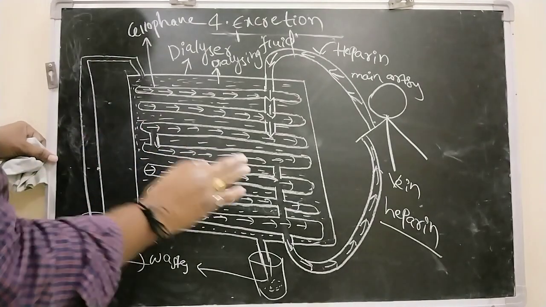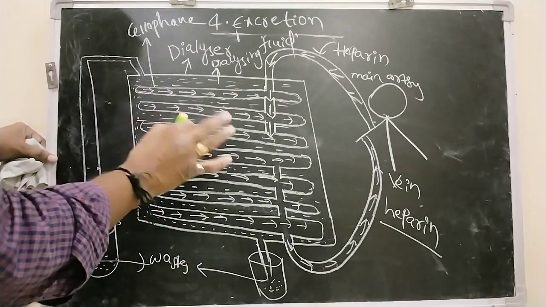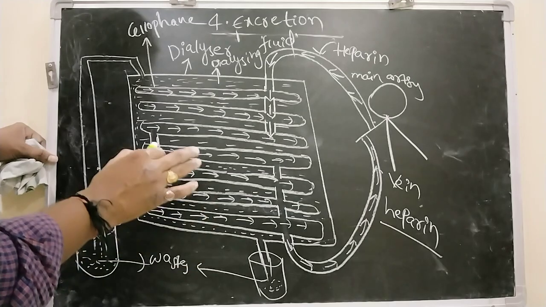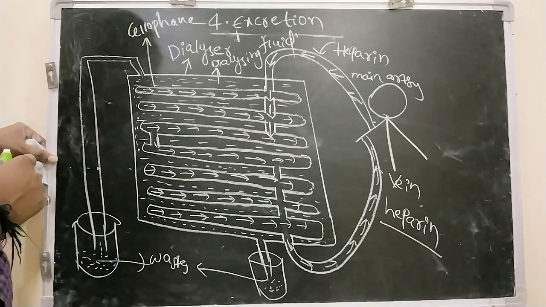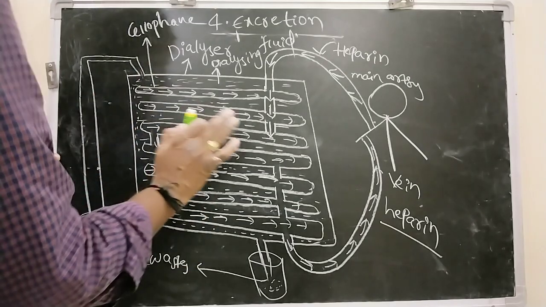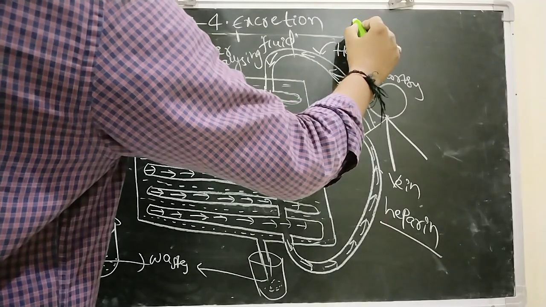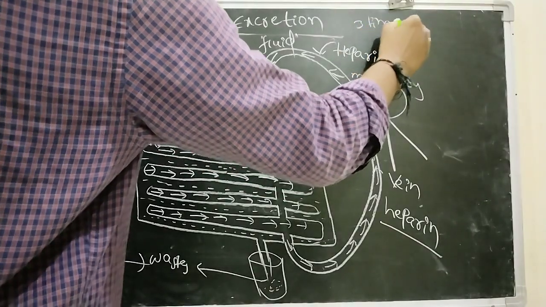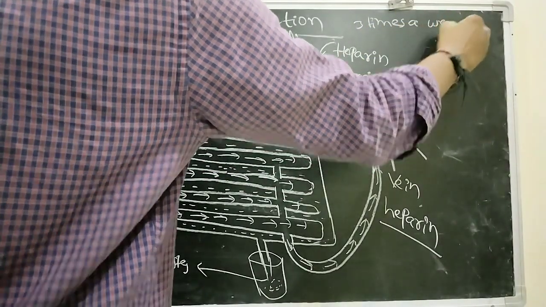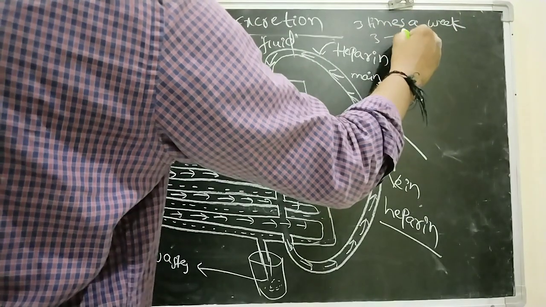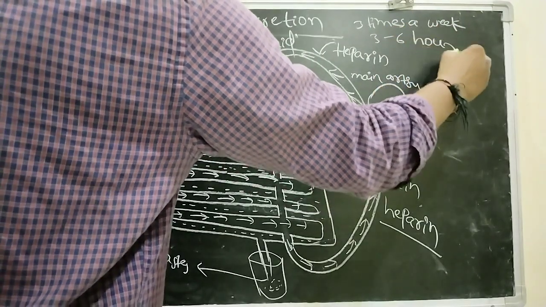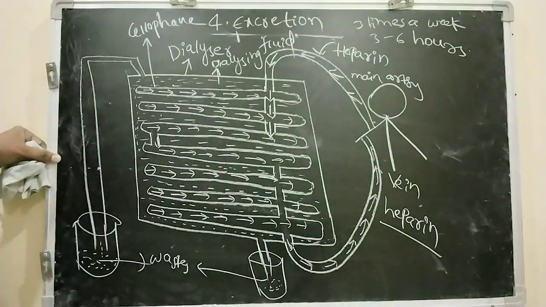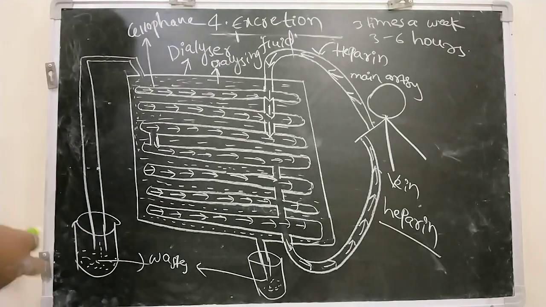So this is about the dialysis process. It is a boon for several thousands of patients in the world, and this dialysis process is performed 3 times a week. Each session takes 3 to 6 hours to complete.